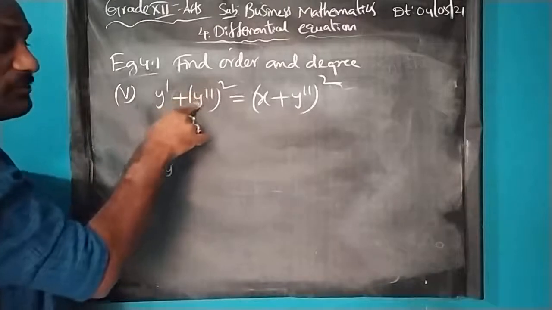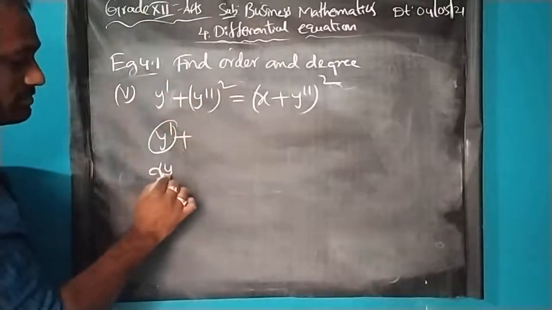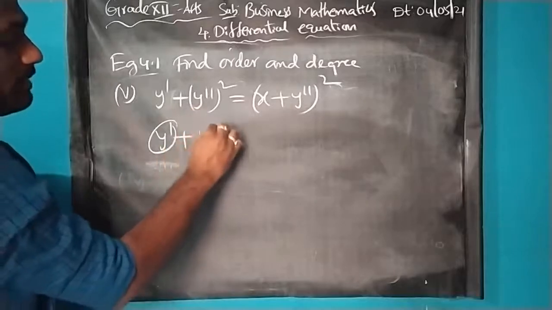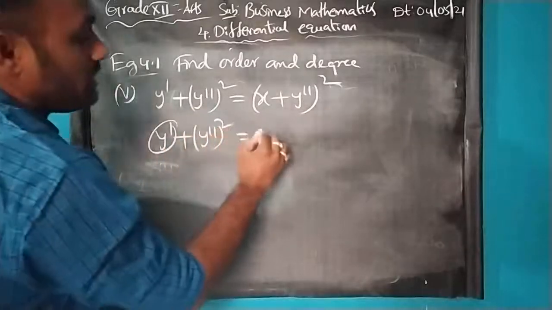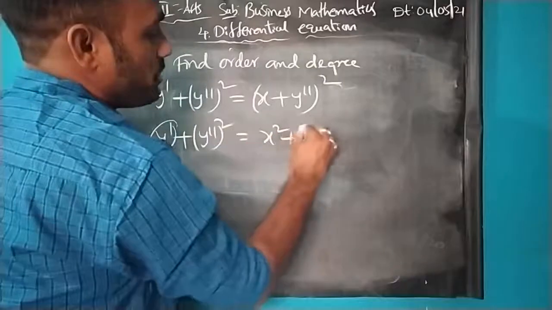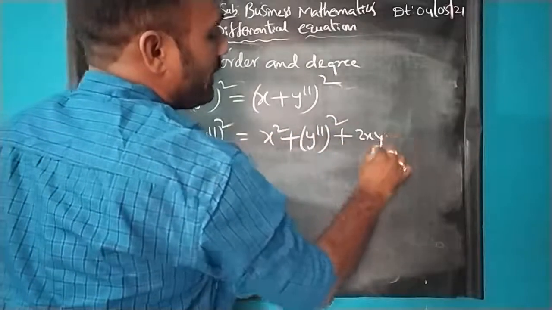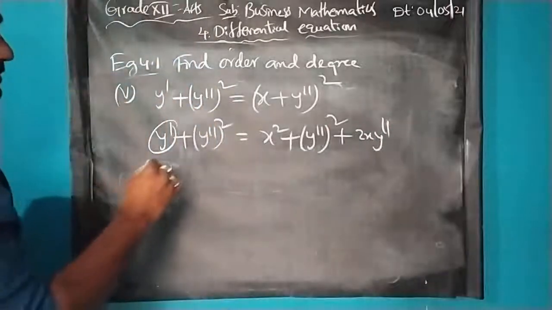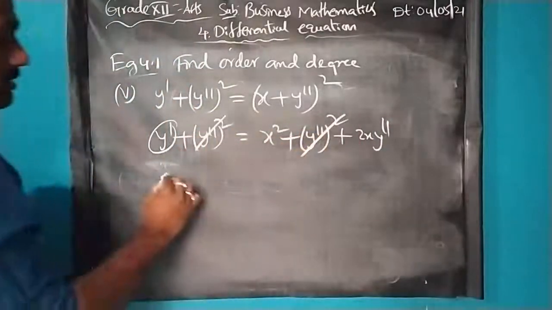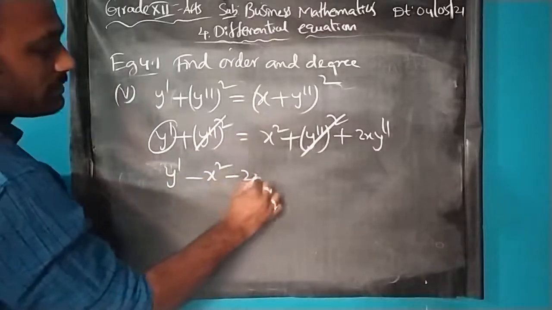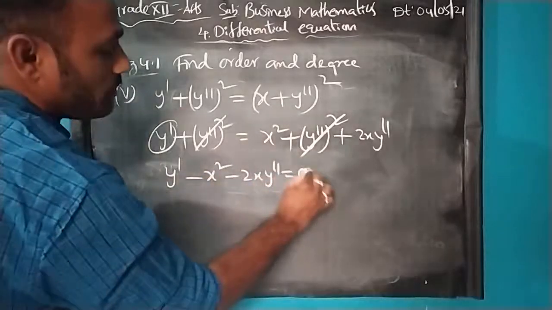Here y double dash means differentiation is done twice, 2 times. So y double dash whole square is equal to a square plus b square plus 2ab. So these two get cancelled. So the left terms are y dash minus x square minus 2x y double dash is equal to 0.